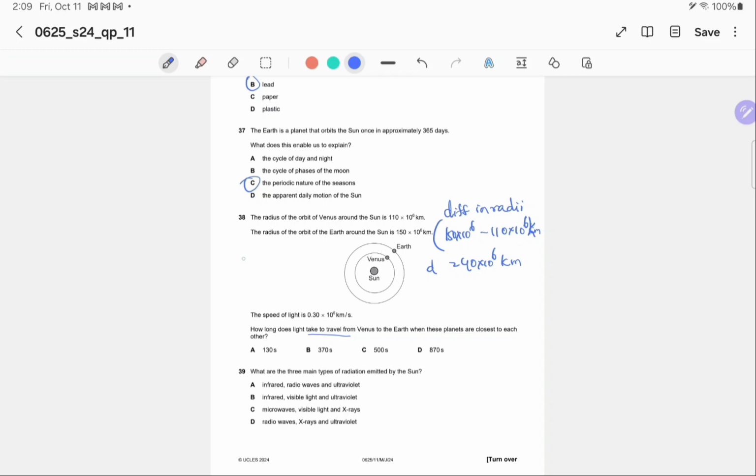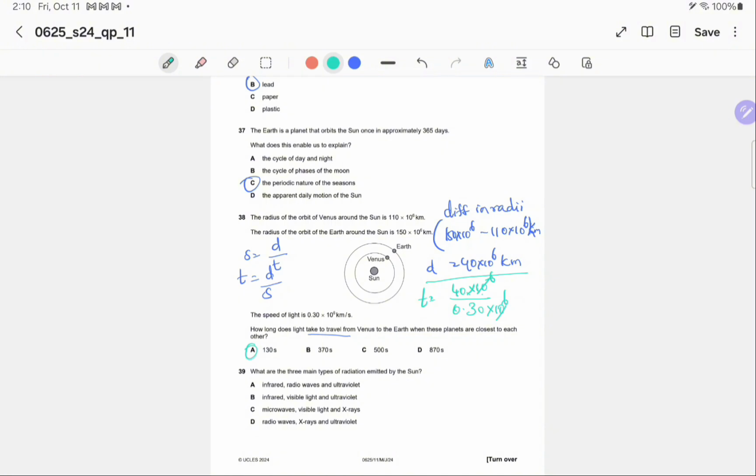Speed equals distance divided by time taken, so time equals distance divided by speed. So t equals 40 × 10^6 divided by 0.3 × 10^6. Both 10^6 cancel. 40 by 0.3 is nearly 130 seconds.